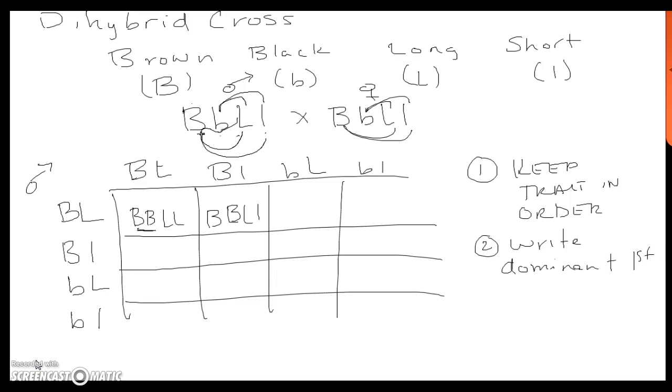So let's take, for example, the third column and second row. I'm still going to put that big B from the male in front, big L, little l. That just makes it easier. So now I've got fur color, fur length, and it's always written the same way.